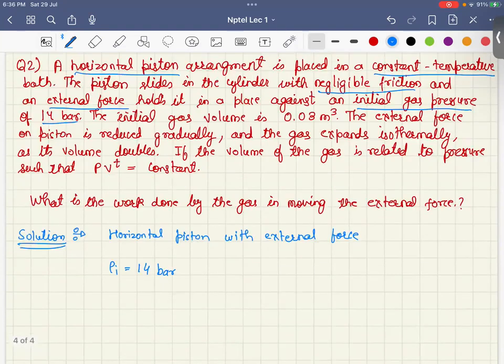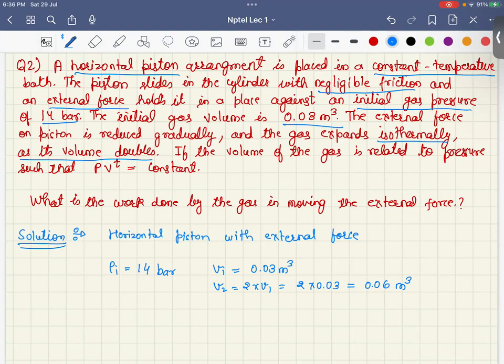And the initial gas volume V1 is given as 0.03 meter cube, and the external pressure on the piston is reduced gradually, and the gas expands isothermally as its volume doubles. So V2 is going to be nothing but 2 into V1, which is 2 into 0.03, which is 0.06 meter cube, right?